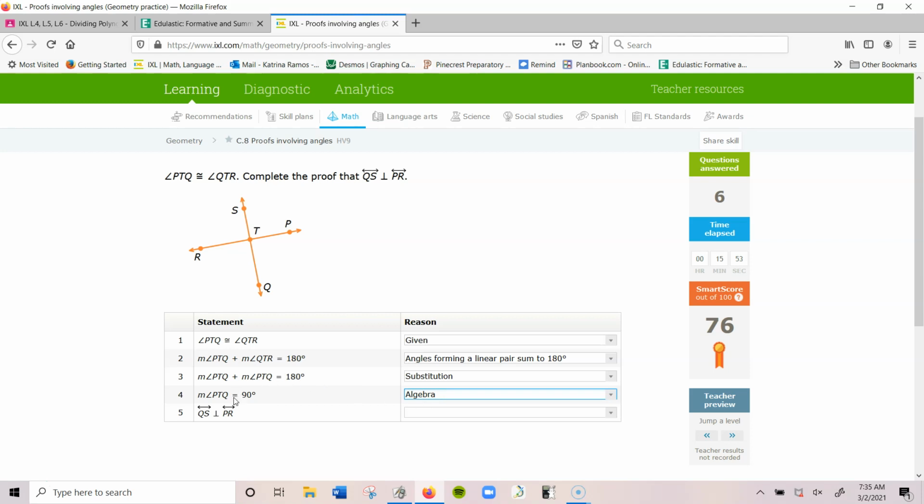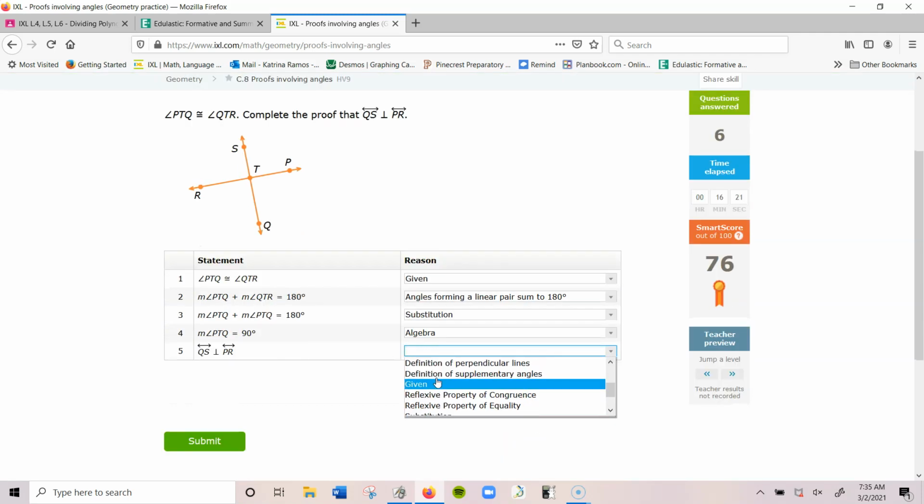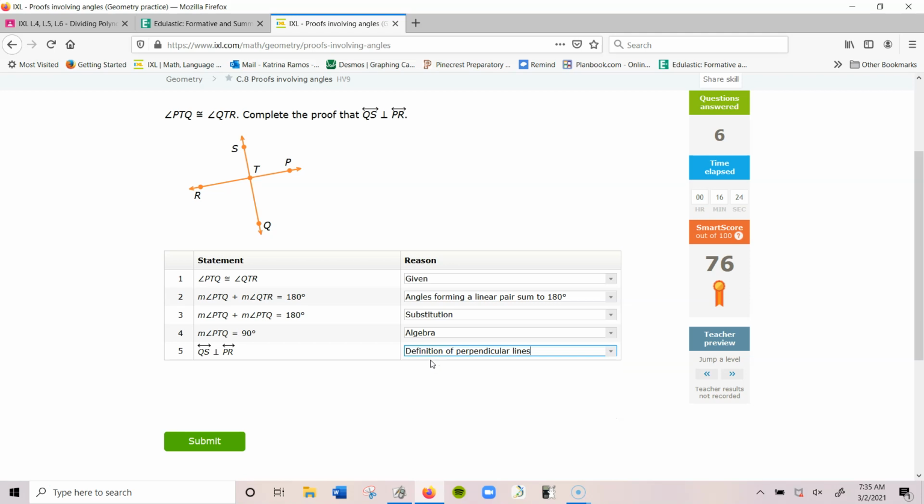And the reasoning for that is if you add these two together, you have 2 of PTQ is equal to 180. So if you divide both sides by 2, you get that the measure of PTQ is equal to 90 degrees. So that's why I chose algebra. And if they equal 90 degrees, that means that QS and PR are perpendicular. So 90 degrees is the definition of perpendicular. So definition of perpendicular lines. And again, the perpendicular symbol kind of gives you a clue there.